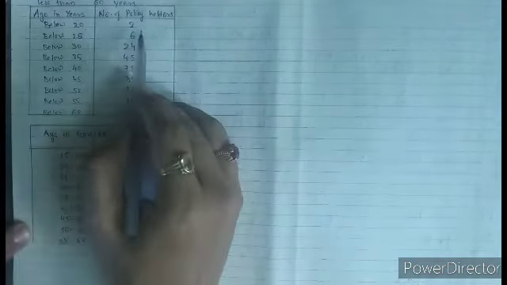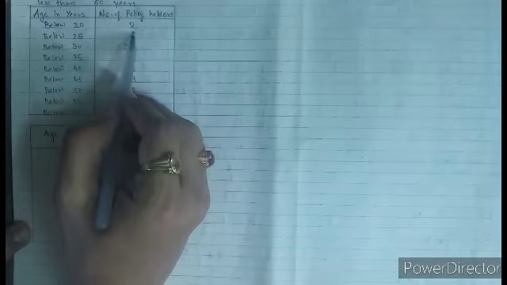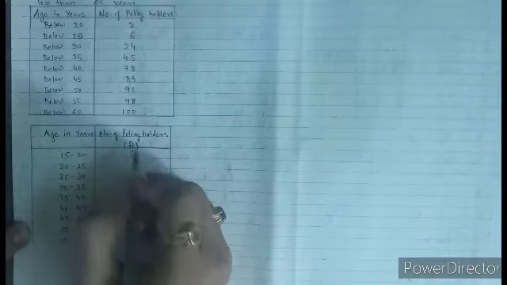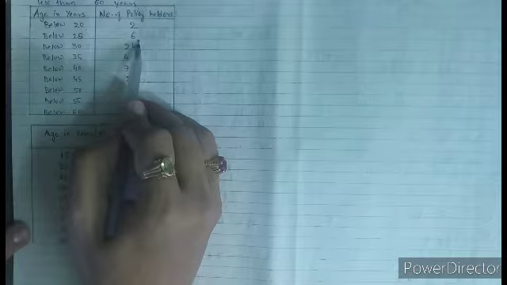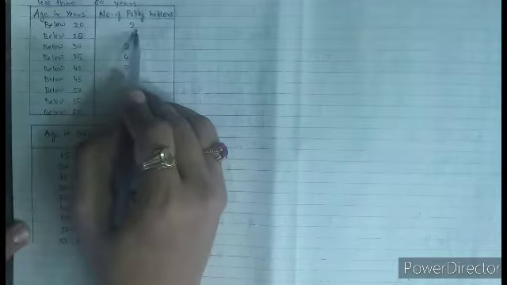Now if we see the number of policy holders given, we have to get them according to the classes we have formed. In the given question, below 20 years there are 2 policy holders. So we can say that from the age 15 to 20 years there can be 2 policy holders. This is the frequency of the first class. Then for the next, below 25 years there are 6 policy holders, but below 20 there are 2 policy holders.